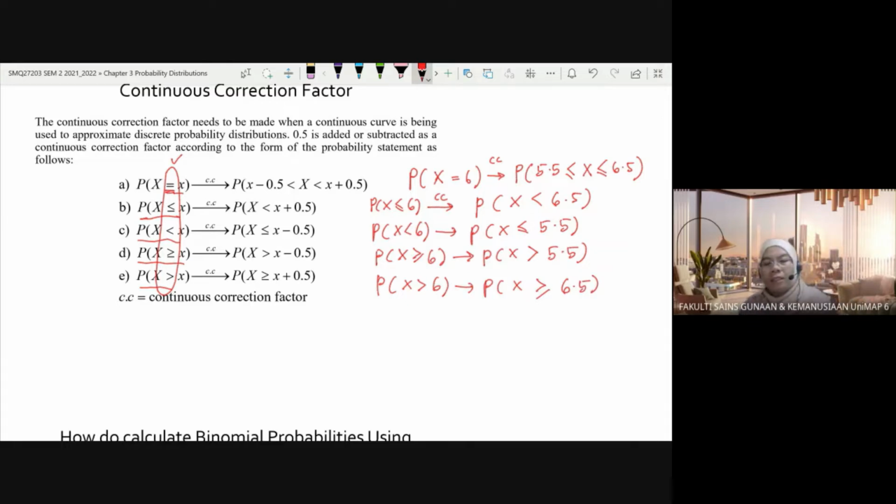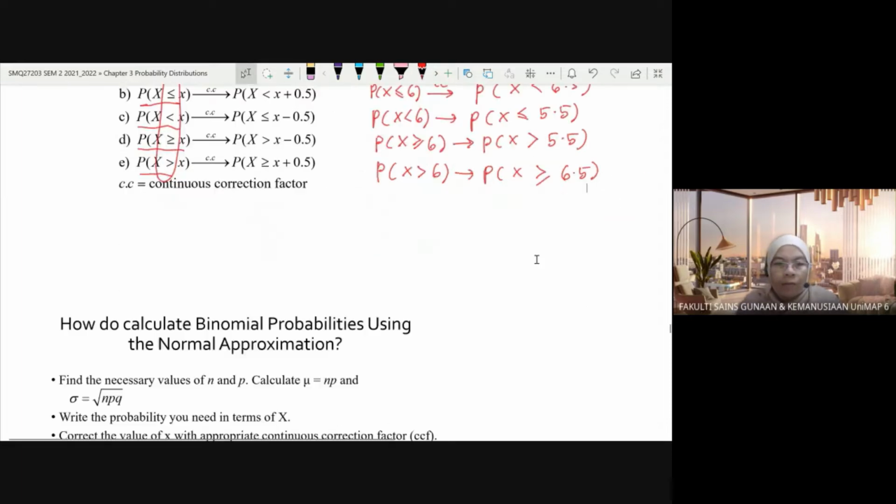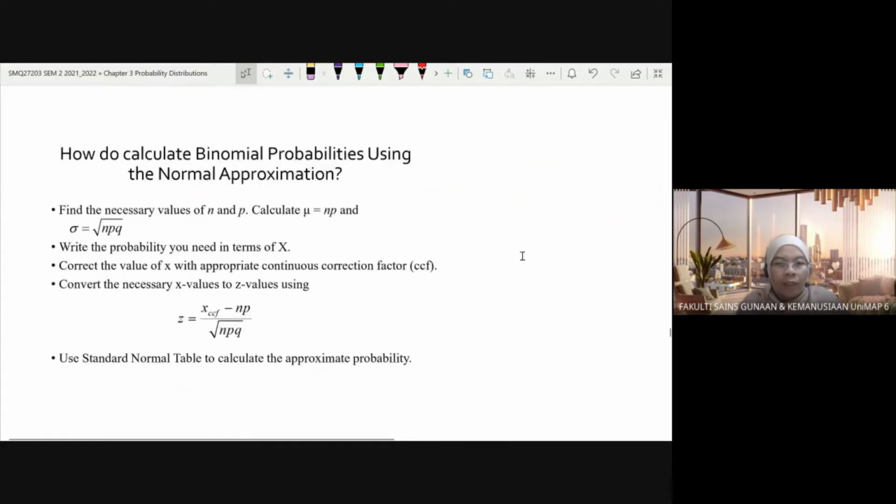So these are the continuity correction factors that may be involved in transforming your original equation to the new one. So how do we calculate the binomial probability using the normal approximation?